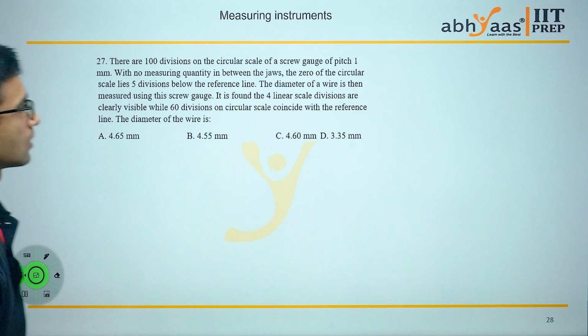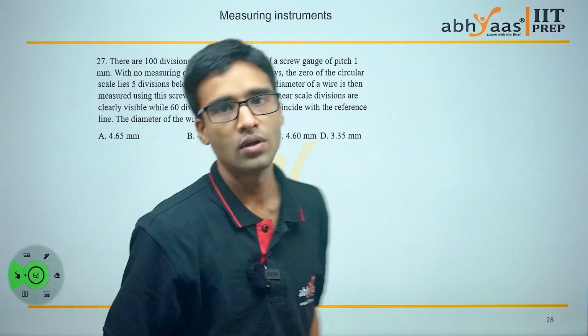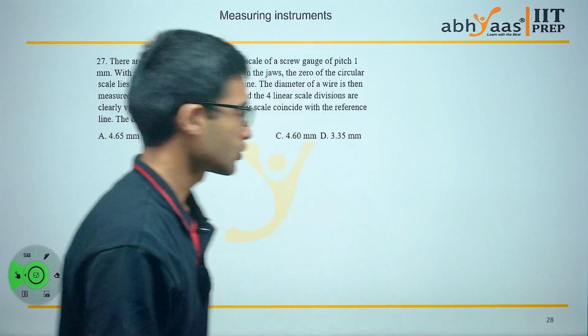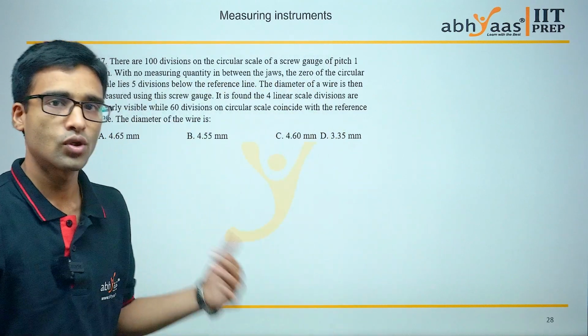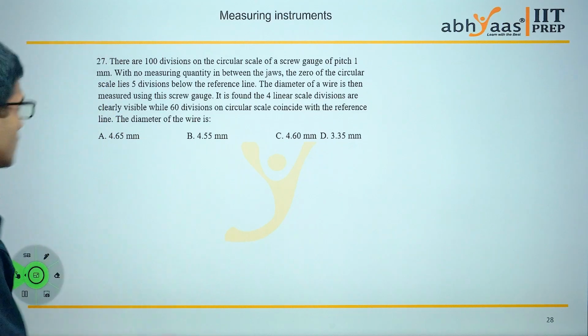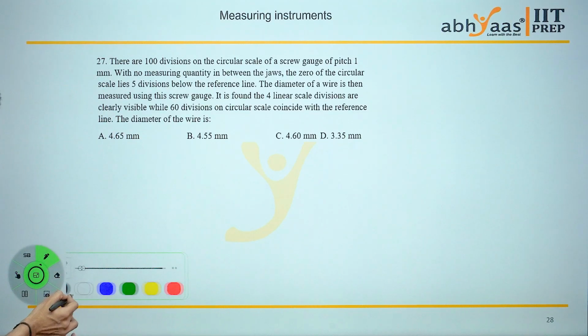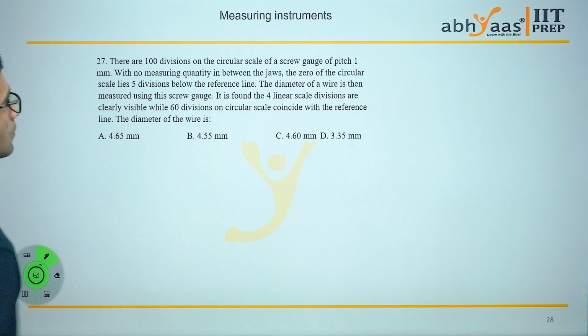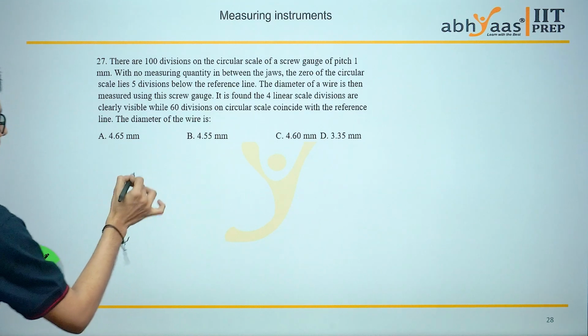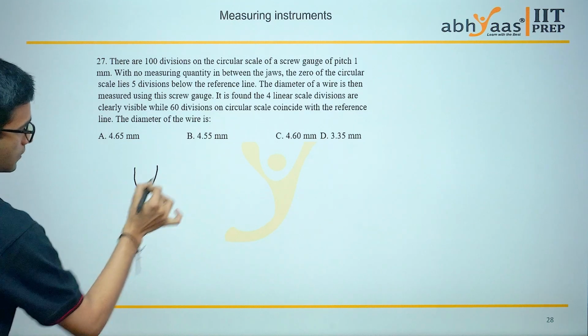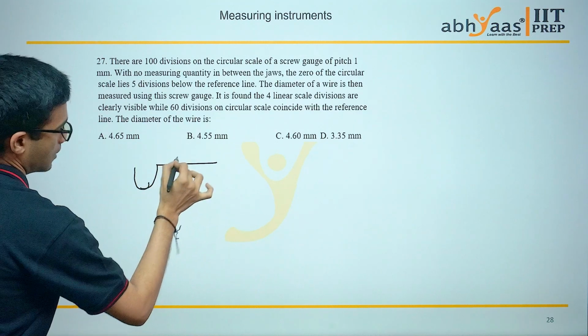Next question. This question is related to screw gauge. For the screw gauge also I'll tell all the formulas, so you also just check it. If you observe, this is a screw gauge, and this is a circular scale.